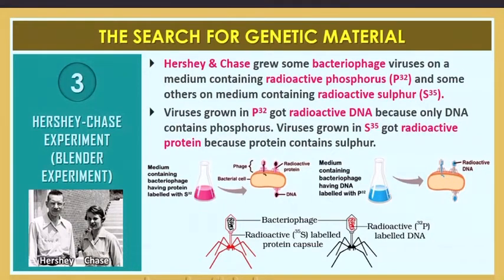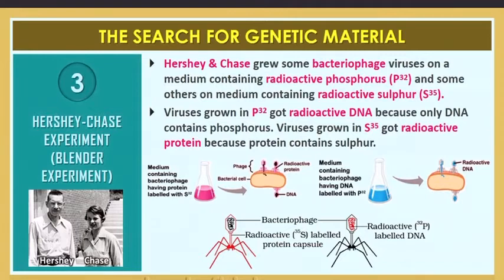Now, see, the medium containing bacteriophage having protein labeled with sulfur 35, S35. Now look at that, only the protein coat is radioactive, whereas in the medium containing bacteriophage having DNA labeled with P32, look at that, DNA has become radioactive.